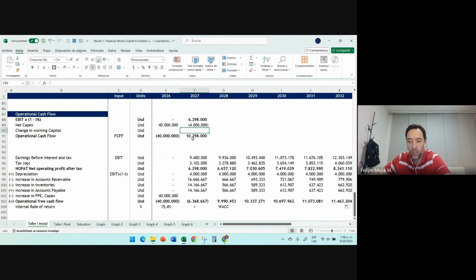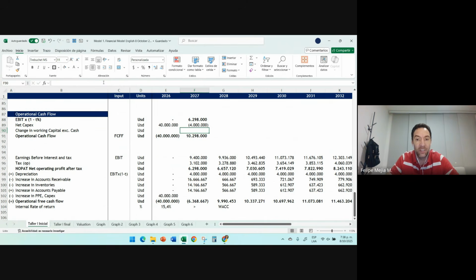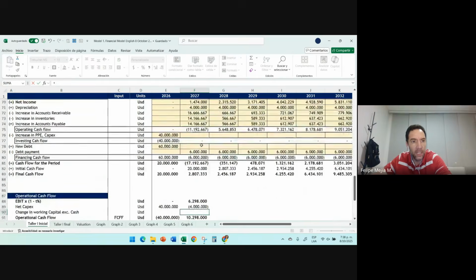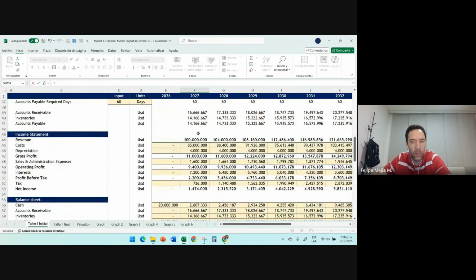And in here, we're going to take the change in working capital, excluding cash, because cash is the reason why we're building the model. It's not operational. Cash has interest in its favor. So let's take a look at the change in working capital. And let's go all the way up here, and we take this subtotal minus this one.